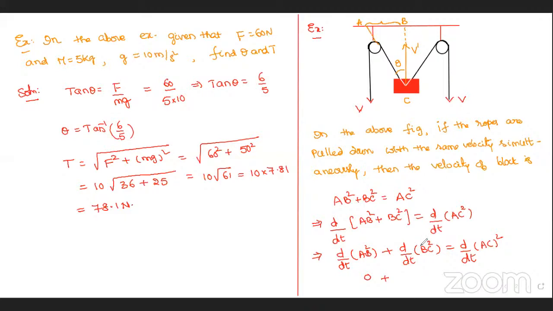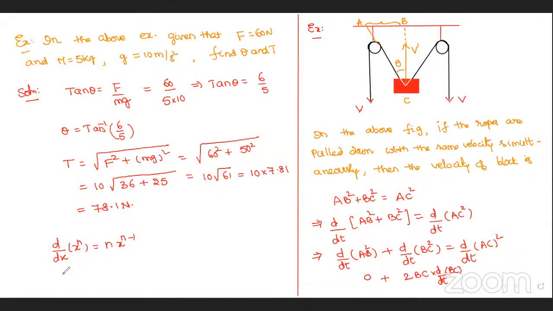Here BC directly I'm differentiating. That is 2 times BC into d by dt of BC. Did you understand this step? It is not integration, it is differentiation. Like d by dx of x power n is n x power n minus 1.